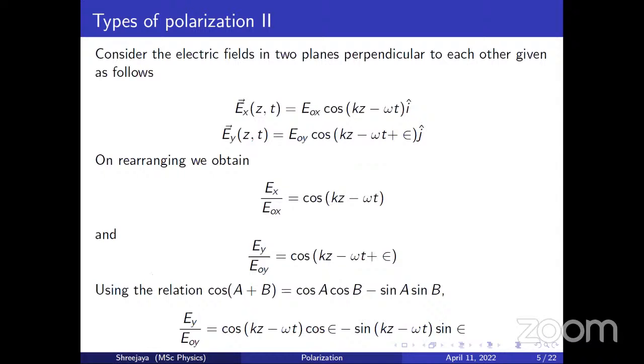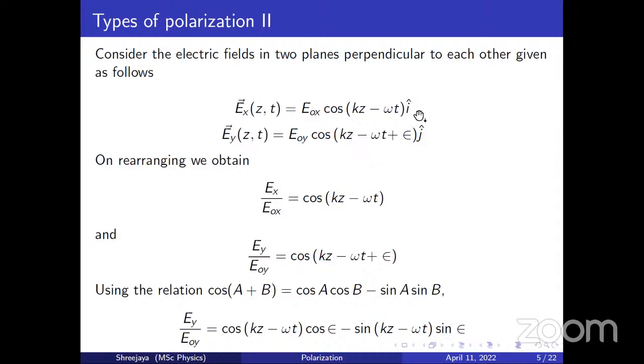So we'll see that linear and circular polarization are special cases of elliptical polarization by this mathematical derivation. I've just put a few steps. You can go through it, or some of you might already know this, so you can revise. When we consider two electric field components in two planes, Ex and Ey, Ex is along the x-axis, Ey is along the y-axis.